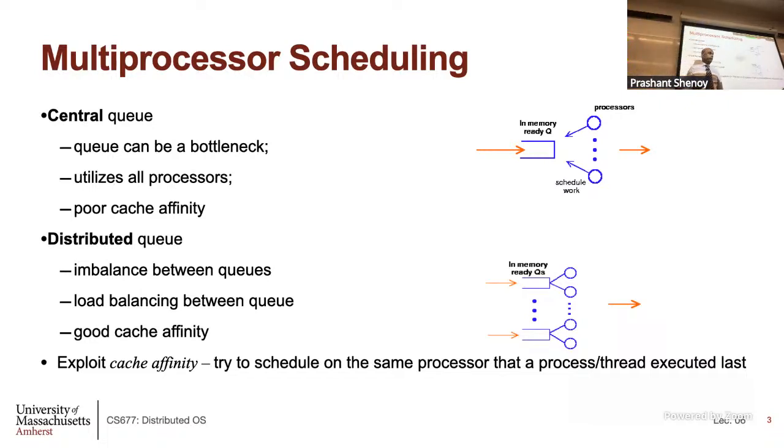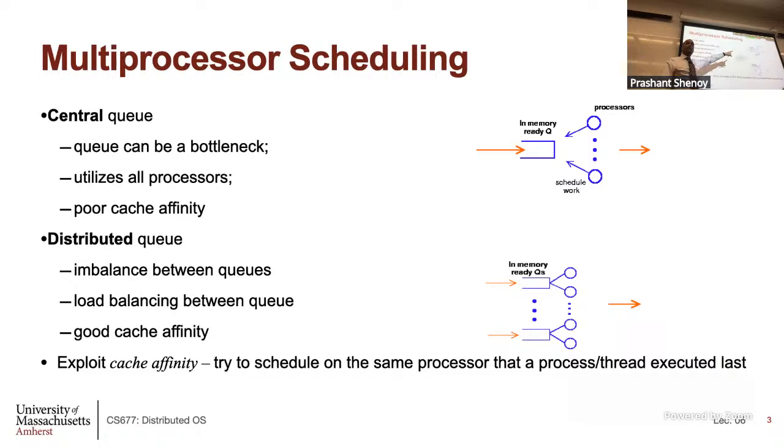Now when you have one queue per processor, the same task will execute on that processor over and over again across time quanta. Let's say the task executes, the time quantum expires, it goes back to the queue. After a while, it will execute again, and it will execute on the same processor. That is important because whatever data it had brought into the cache previously will still likely be in the cache, and it can make use of it again. That's called cache affinity.